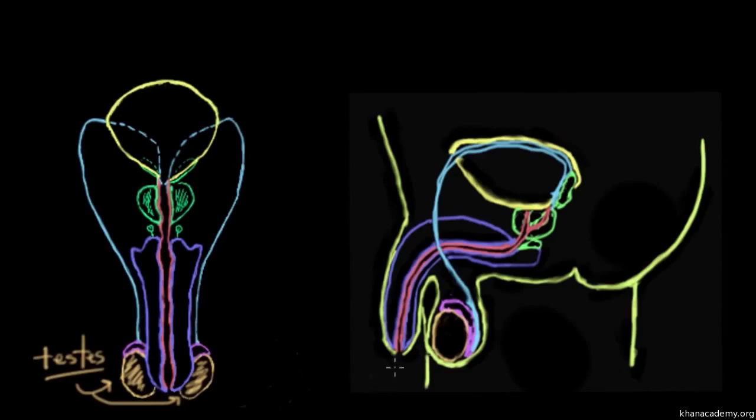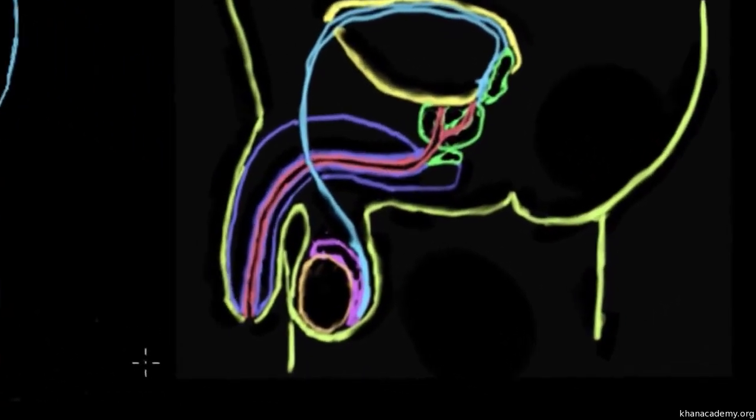Sperm production in the testes has to happen at a certain temperature. It has to be a bit lower, i.e. a bit colder than core body temperature, which is pretty warm. And so the testes are kept at a temperature that's a little lower than body temperature by hanging out in this fleshy sac outside of the body called the scrotum.